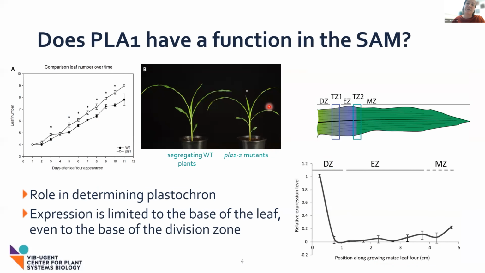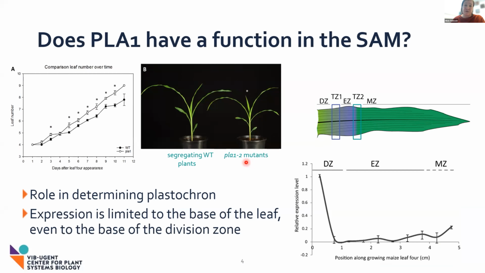You see that shorter leaves are being formed, but that more leaves are being formed in the same amount of time as the segregating wild type. And this becomes progressively worse as plants develop. And as leaf initiation is also a process that takes place in the shoot apical meristem, we had another hint that the plant might function in the shoot apical meristem.